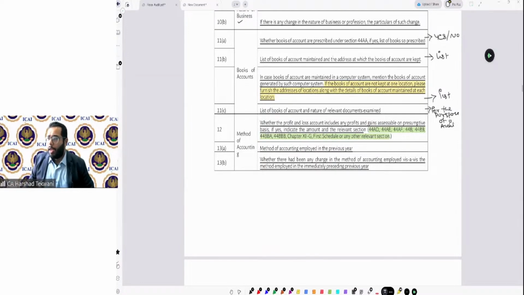Under which section of the Companies Act is the method of accounting for a company prescribed?